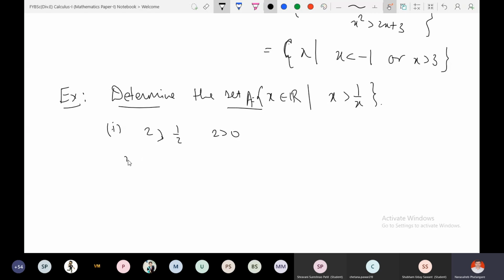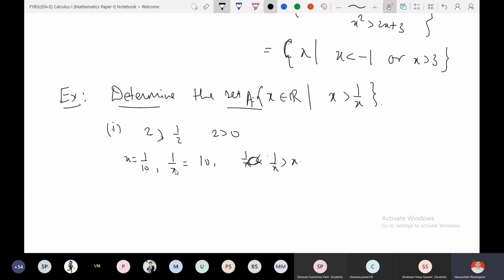But if I take x equal to 1 by 10, what is 1 by x? 10. Very good. So in that case, 1 by x is greater than x. Therefore, such x, like 1 by 10, do not satisfy this property. But if x is 2, then it satisfies.